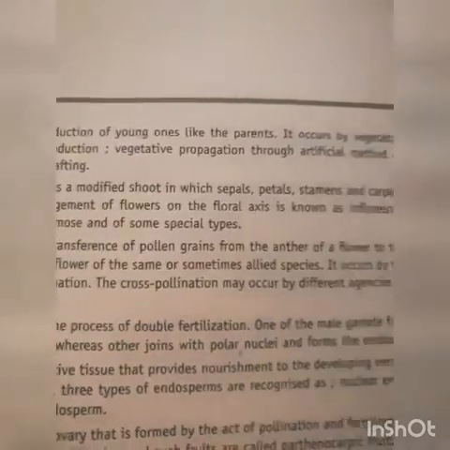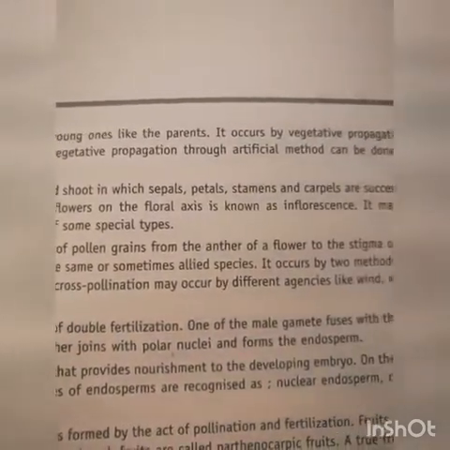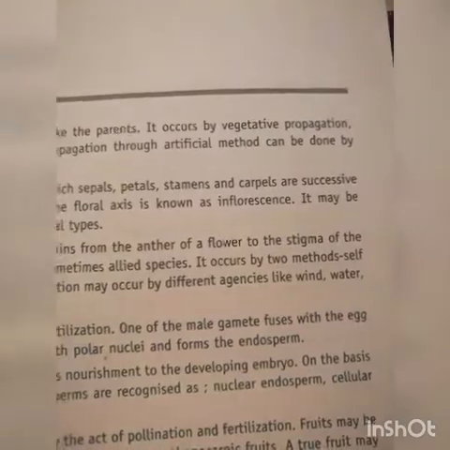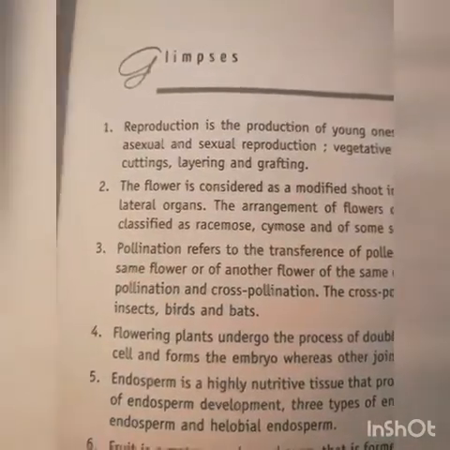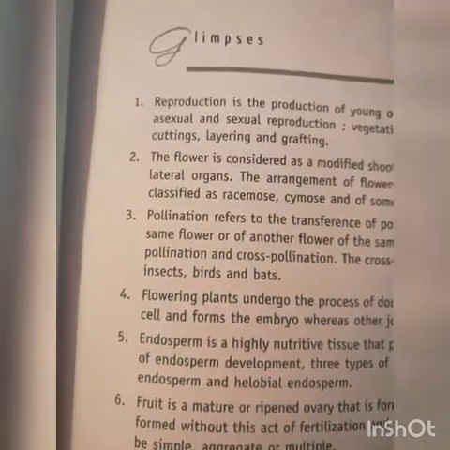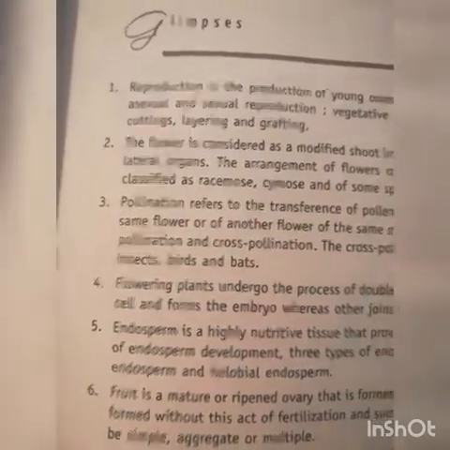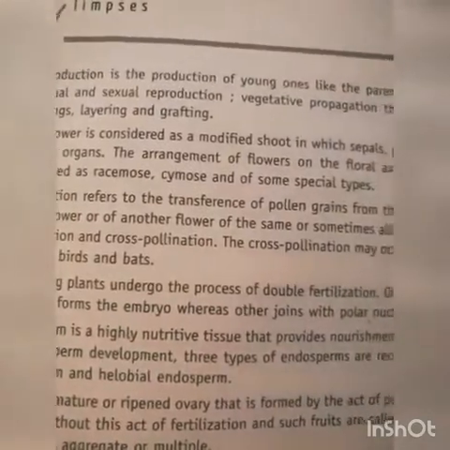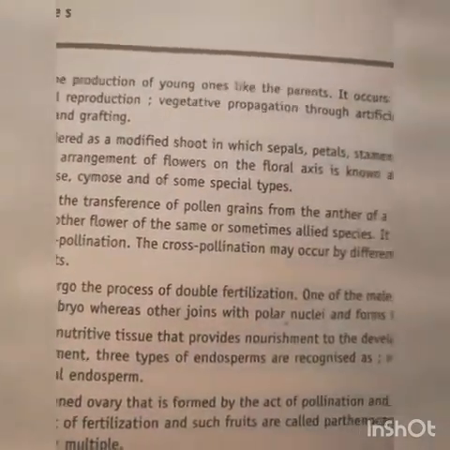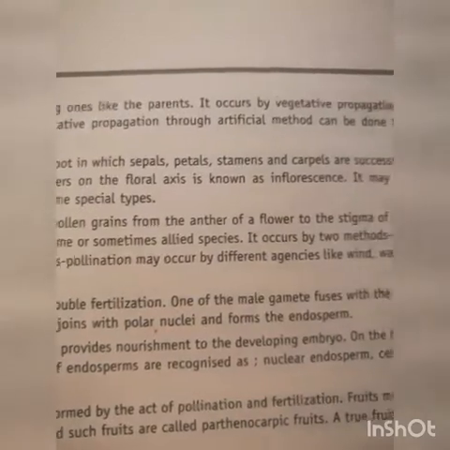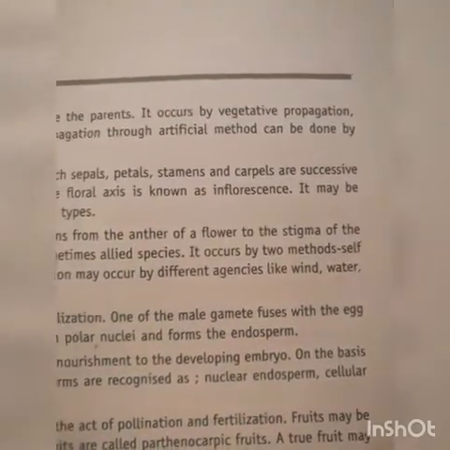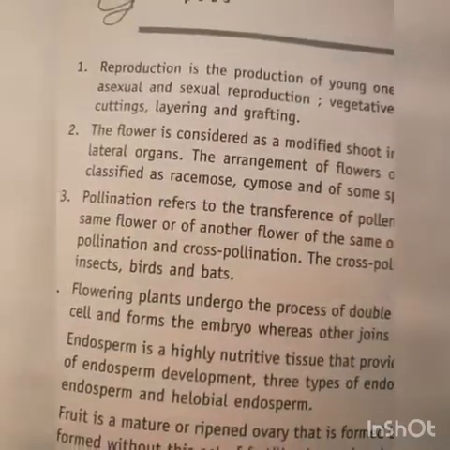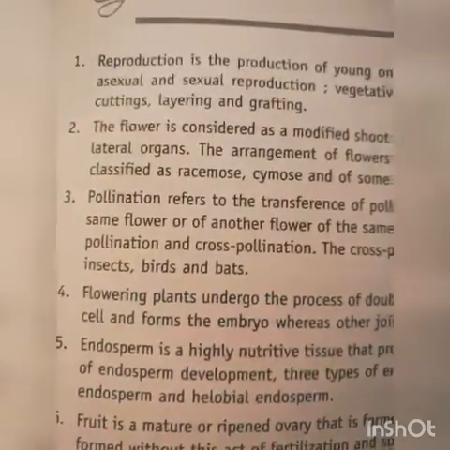Vegetative propagation through artificial method can be done by cutting, layering and grafting. Second one, the flower is considered as modified shoot in which sepals, petals, stamens and carpels are successively arranged as successive lateral organs.